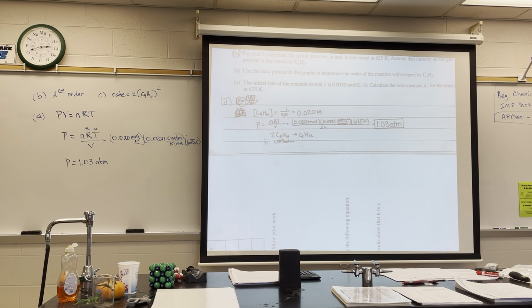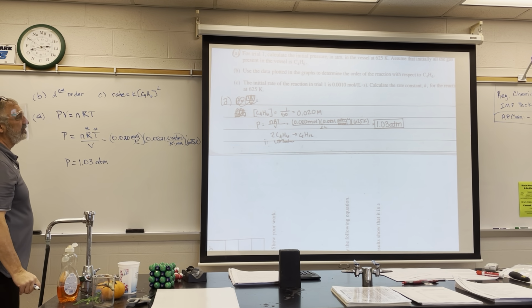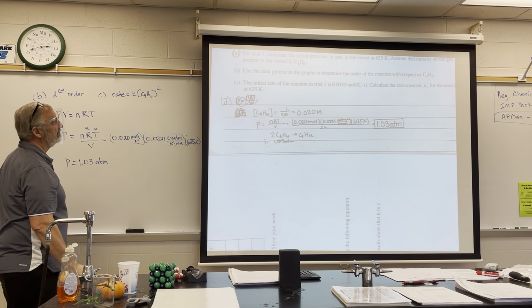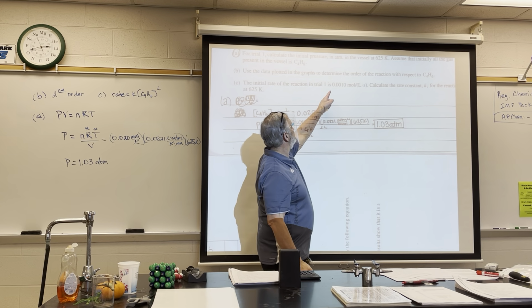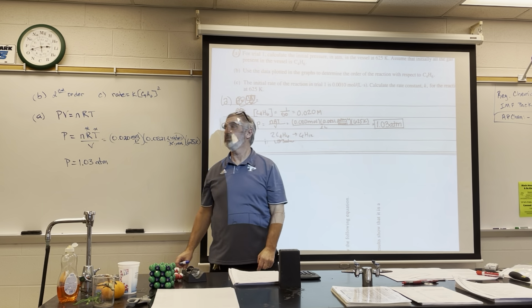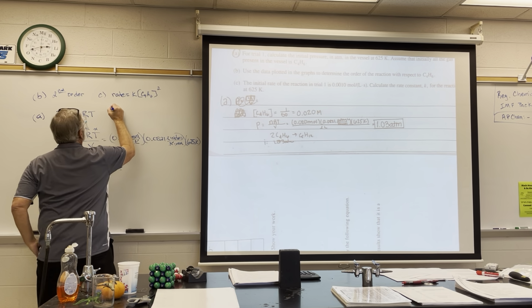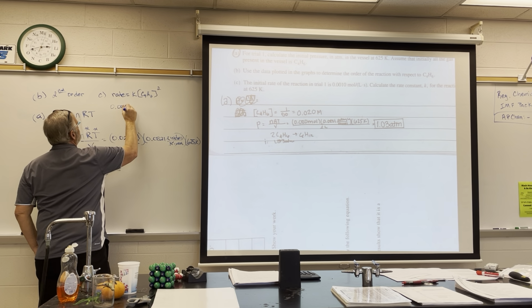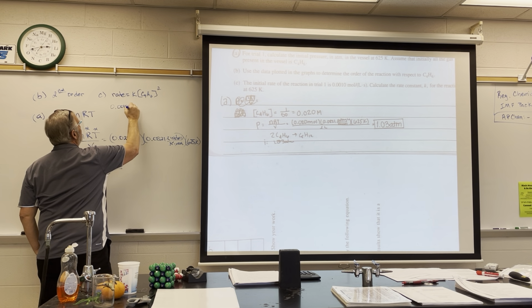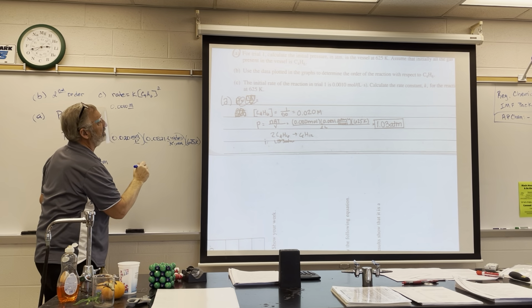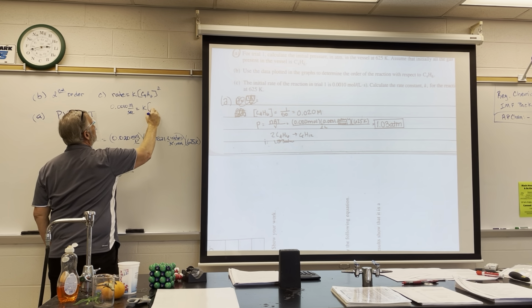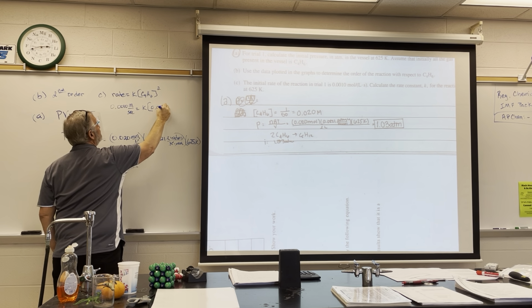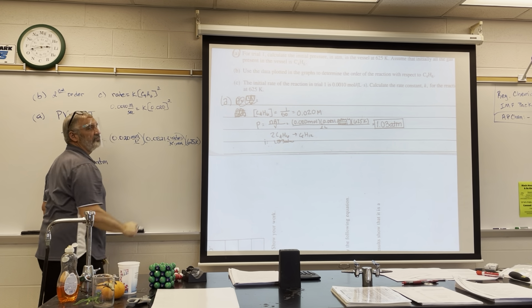Okay, the initial rate of the reaction in trial 1 is 0.0010, and that's molarity per second. That is equal to K times the initial concentration squared.